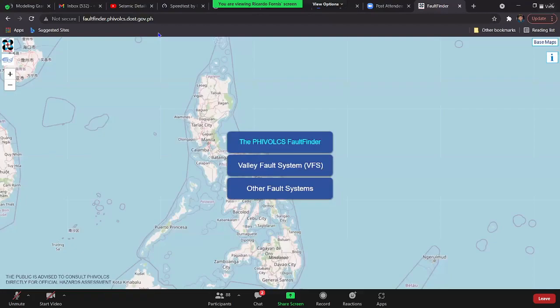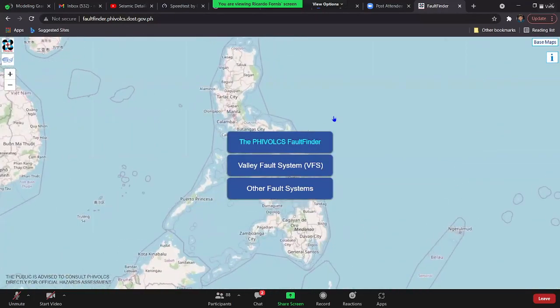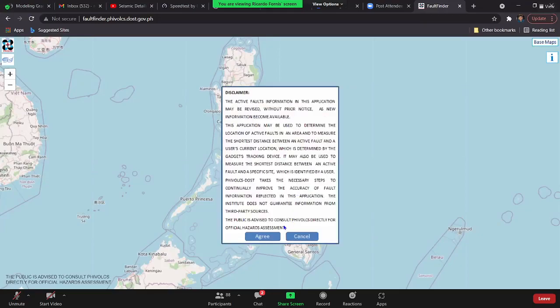Just type the fault finder app, or you can use the browser. Just type fault finder, tapos it will lead you to this GIS nga map. So what we're going to do next is to locate. For example, Cebu City ang ato ang building. So let's go to other fault systems.